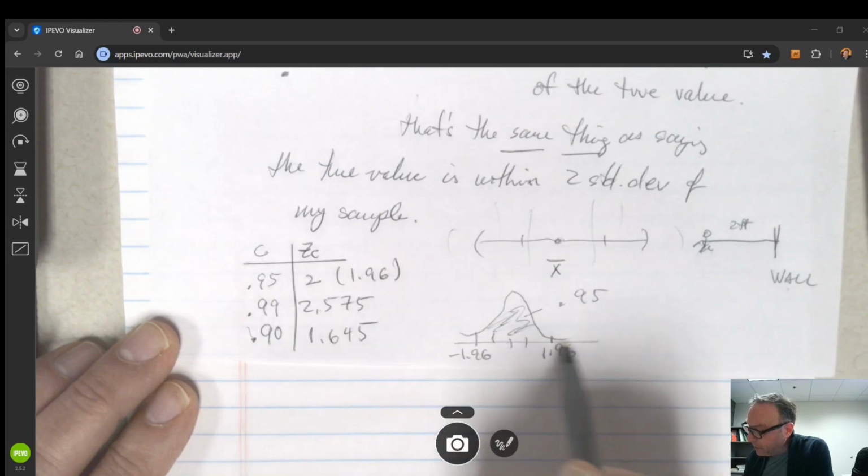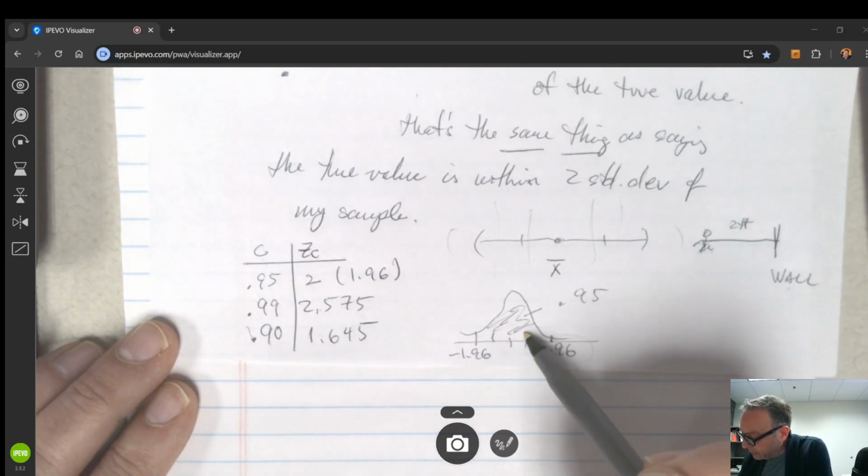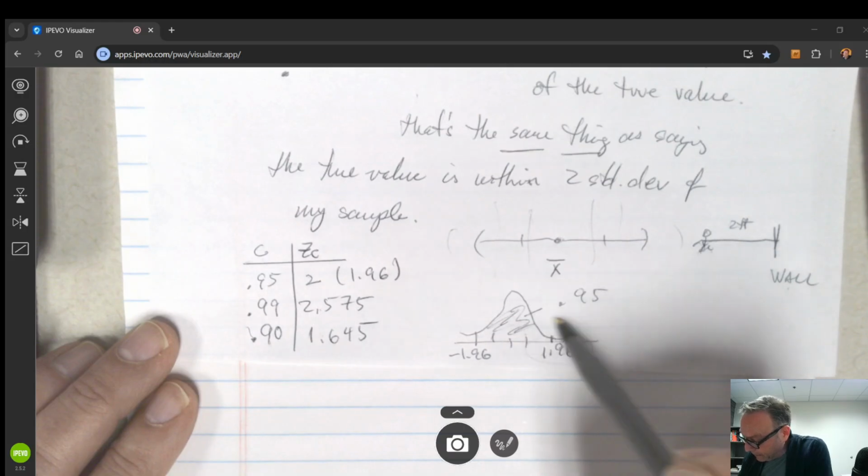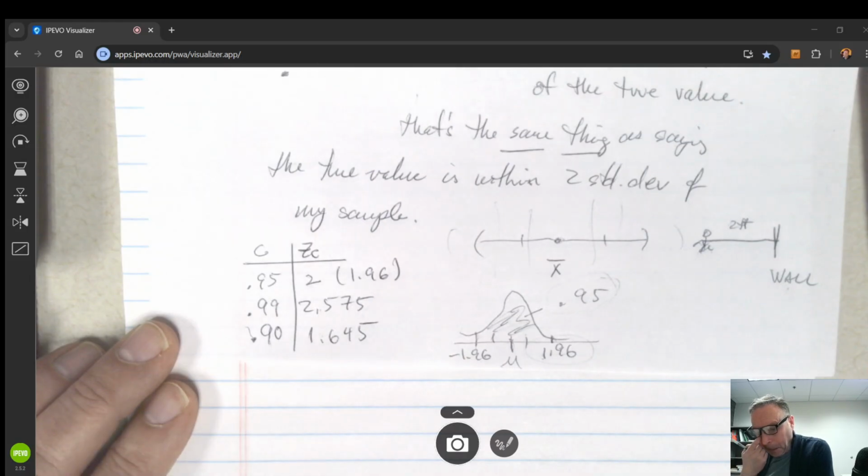The ZC is only the positive one, but it really means both of those. So the area under here that gives you the confidence level corresponds to how many standard deviations you are from the true value. Okay, I hope that made sense. That's the whole theory behind it.